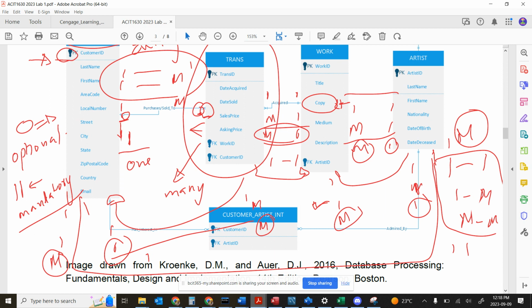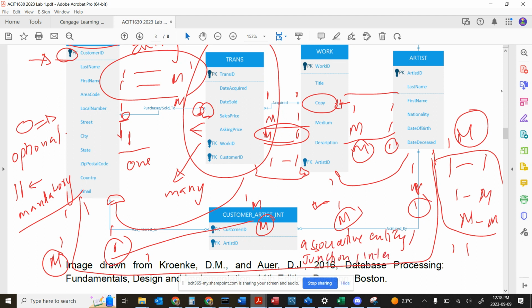Whenever we have a many-to-many relation, we have to create a new entity, called an associative entity, or junction entity, or intersection entity. There are a number of terminologies you will find online, but I will use associative entity, which is what I prefer.